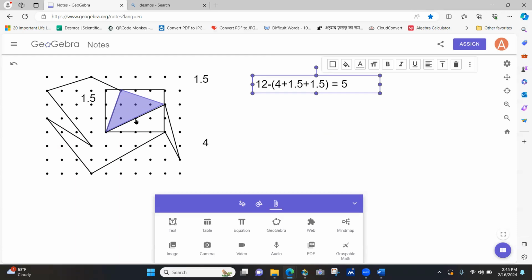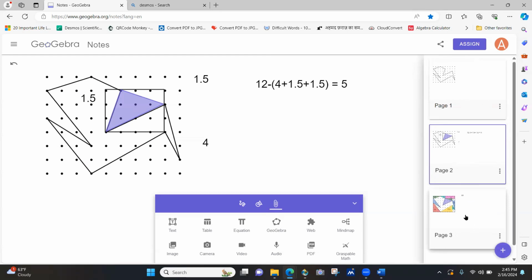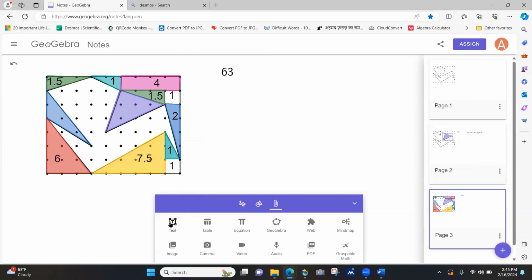Okay. All right. I'm going to use the same picture to find the area of this one. Actually, let's use a second picture. This is 5, so I'm going to go back and put a 5 here.